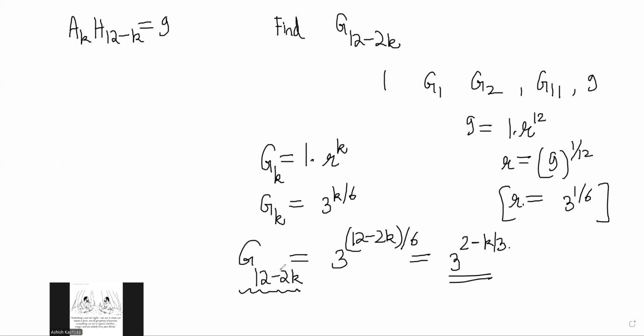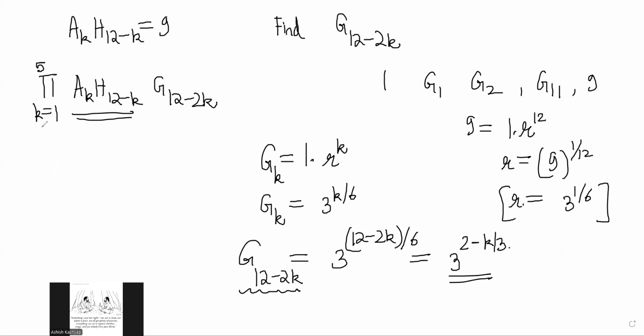So now all we need to do is figure out different possible values of K and see what is coming from there, right? So the product that we had was K goes from 1 to 5, AK, H of 12 minus K and G of 12 minus 2K, right? So this part is anyway going to be 9 for all of them.